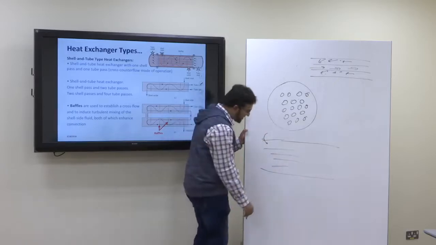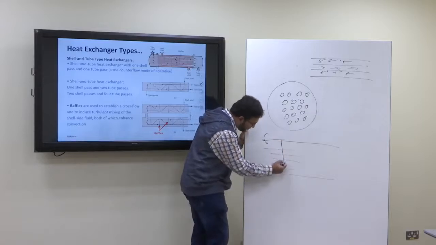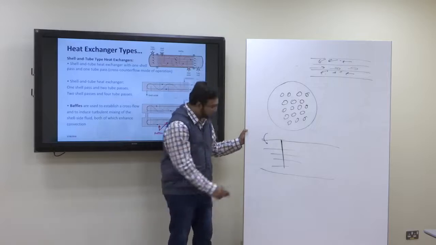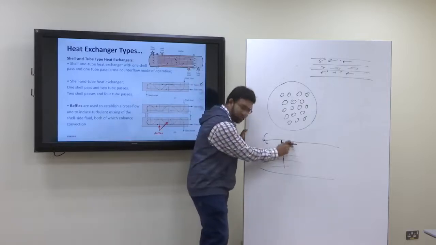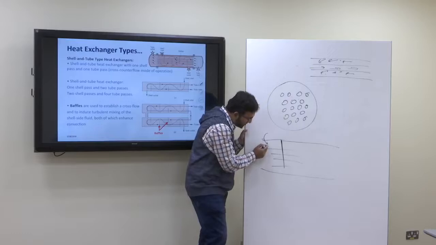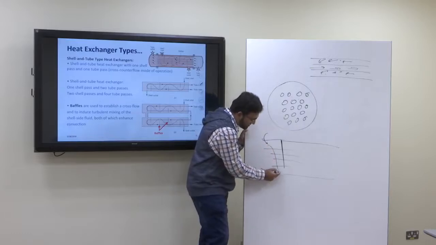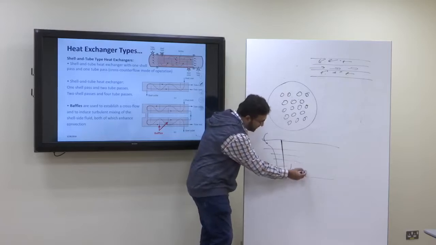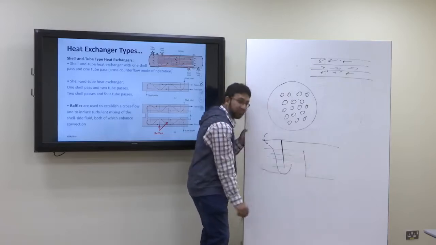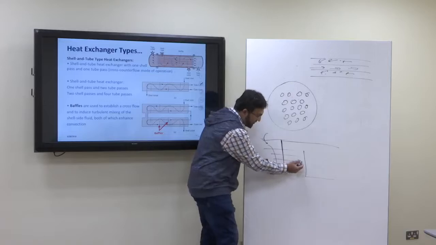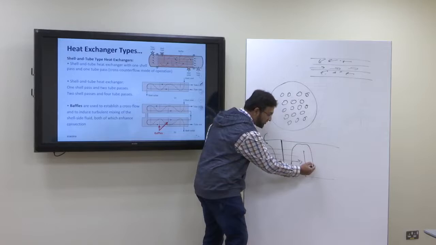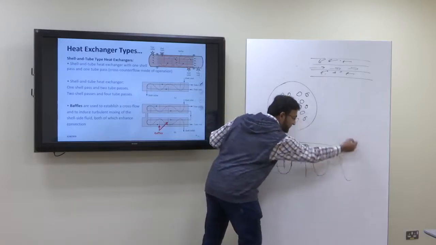If I put a plate here, the fluid cannot move directly from here to there. In order to move from here to there, it has to pass through this direction until it reaches here. Then if I put another plate here, now the fluid cannot move like this. It will have to move up, and so the fluid moves like this.